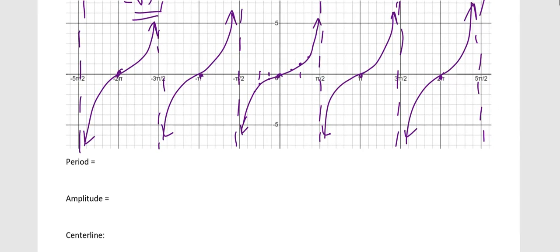Okay, let's see if we can understand things like period. How long is it taking before it repeats the pattern? Well, this is different than the sine and the cosine. This has only got a period of 1 pi. Amplitude is the distance from the center line, which we know is y equals 0, to the max or to the min.